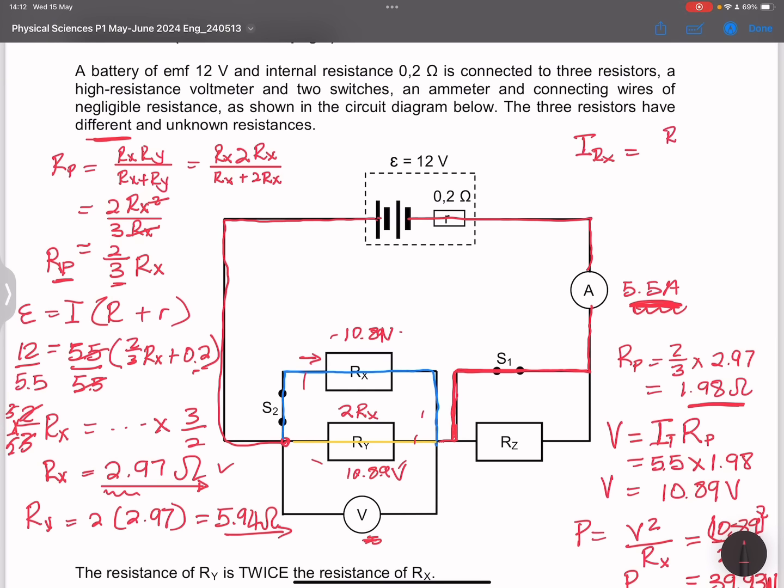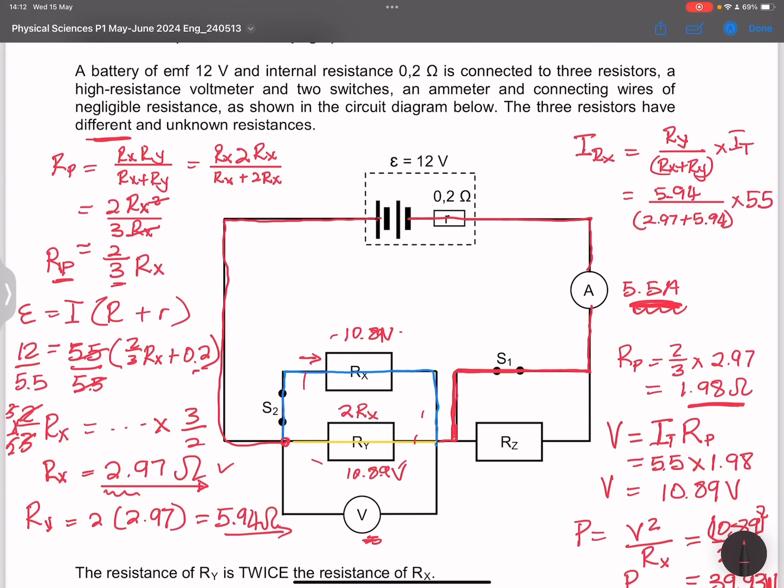It will be Ry divided by Rx plus Ry, multiplied by the total current. So Ry was 5.94, divided by the sum of the two, which is 2.97 plus 5.94, multiplied by 5.5.